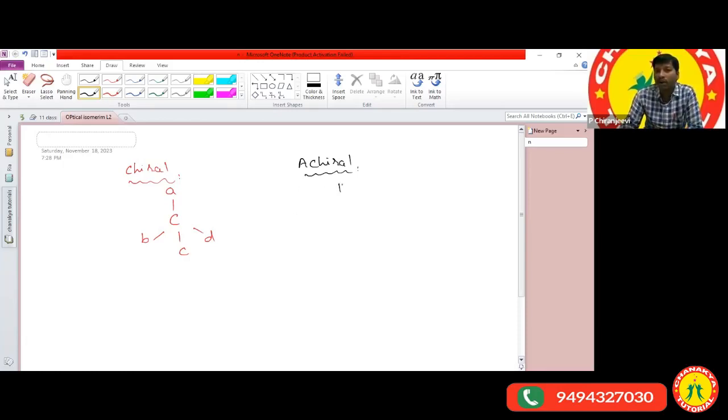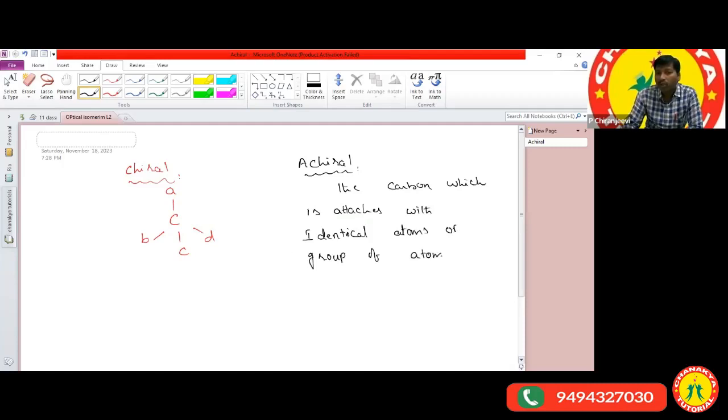Achiral means the carbon which is attached with identical atoms or groups of atoms is called achiral.